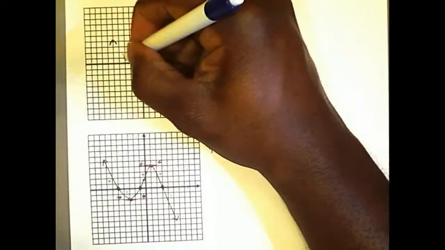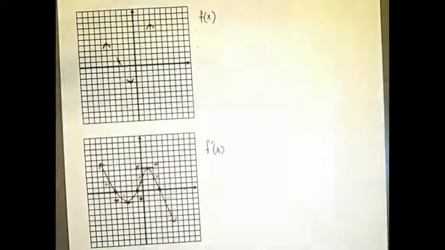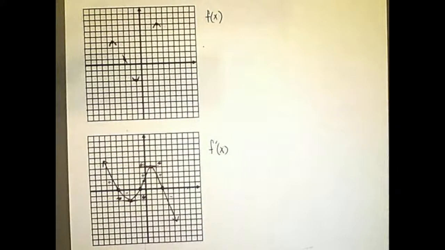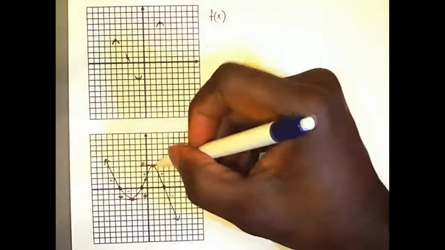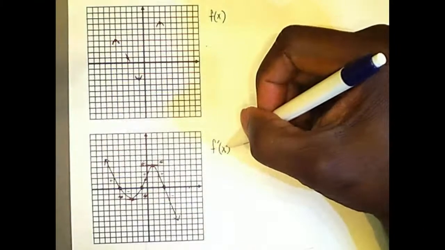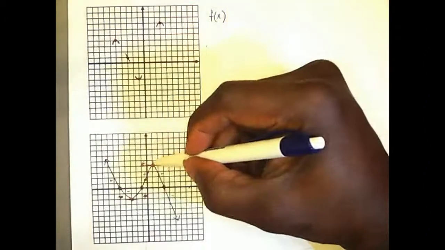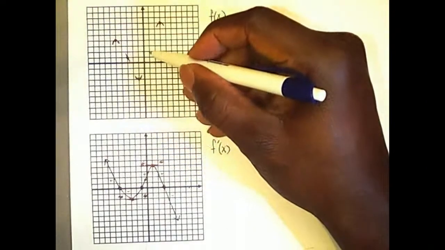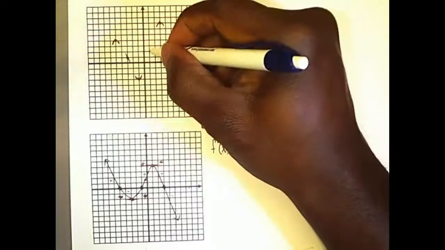So that means we'll go ahead and draw a line like that. Similarly, here at x equals 1, we see that the graph of the derivative stops getting more positive. So that means that the slopes of the tangent lines in the original graph stop getting more positive.